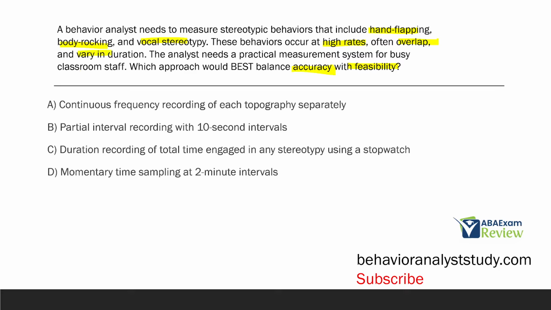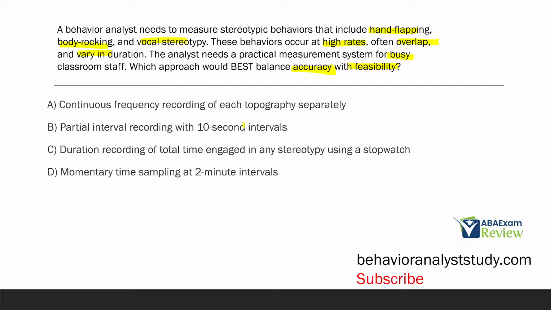That's going to be a very challenging response class to measure, right? All these topographies happening all at once at a high rate. So we have an issue where the classroom staff is busy. So all these things come into play, right? So how can we make this feasible for this classroom staff and still try to get somewhat accurate data?